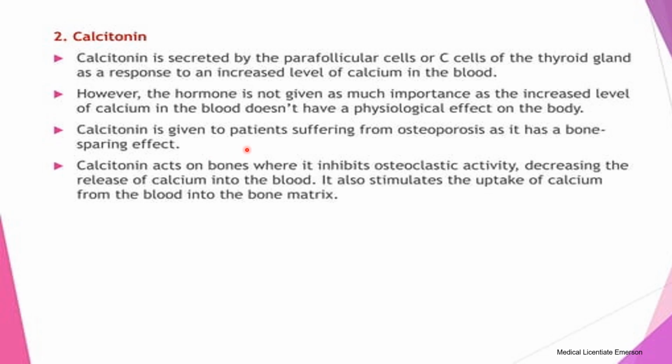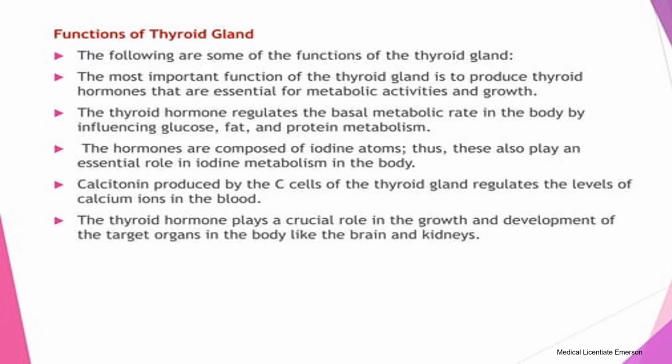Calcitonin is given to patients suffering from osteoporosis as it has a bone sparing effect. Calcitonin acts on bones where it inhibits osteoclastic activity, decreasing the release of calcium into the blood. It also stimulates the uptake of calcium from the blood into the bony matrix. That's about calcitonin.